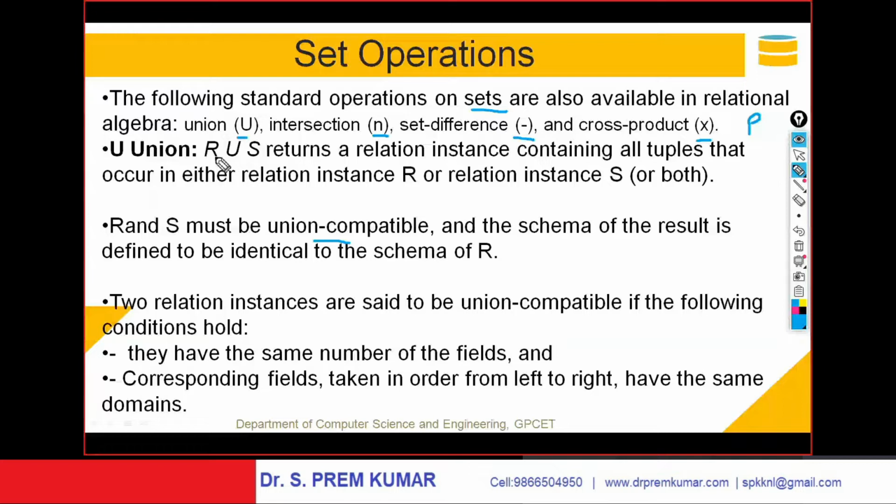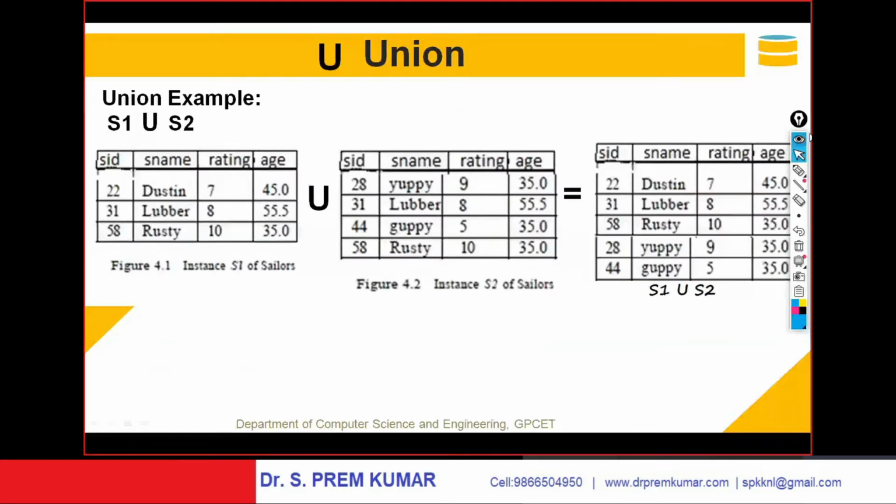In R, the second column is character, and in S also the second column should be character. So it should be union compatible. That is called union compatibility. Unless and until there is union compatibility, you can't union the rows of R and S. We will study this with some examples, which gives more clarity.